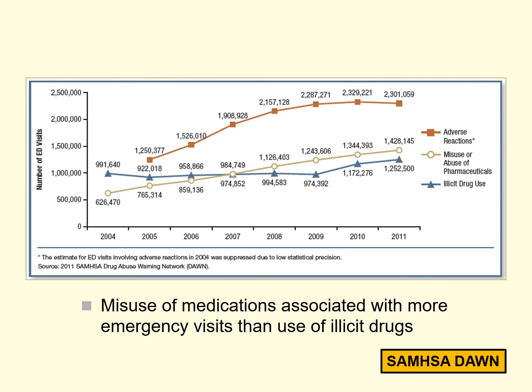As I said, I think in my last lecture, there's been a general trend over the last couple decades of people misusing prescription drugs, especially painkillers like opioid analgesics, or also anxiolytic drugs, so anti-anxiety drugs.